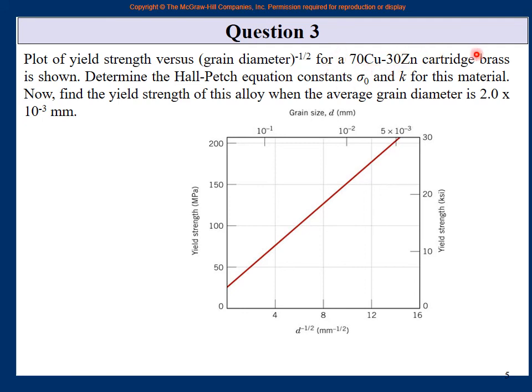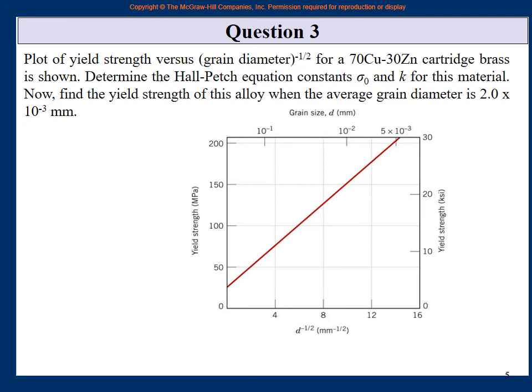This is called cartridge brass, with yield strength on one side and D raised to minus half on the other side. So this graph is given. Determine the Hall Petch equation constants sigma naught and K for this material. Now find the yield strength of this alloy when the average grain diameter is 2 into 10 raised to minus 3 millimeter.